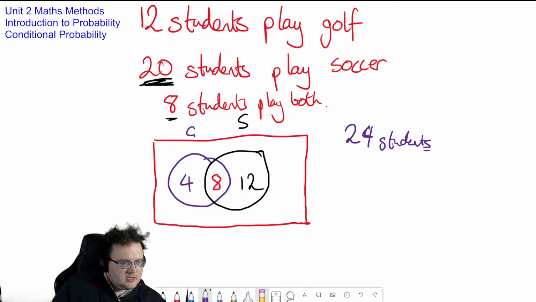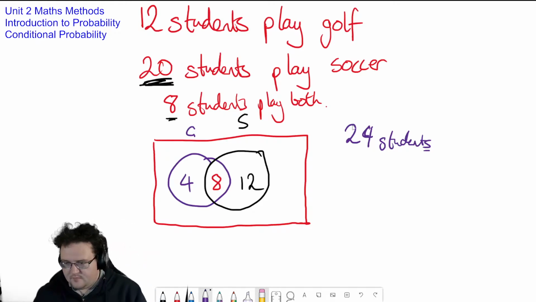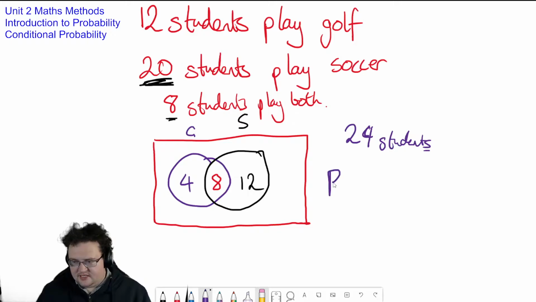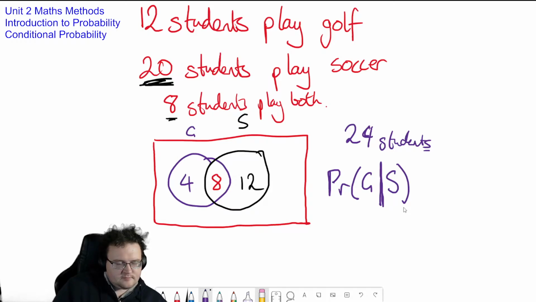What is the probability of picking a kid who plays golf, given that I know he plays soccer? And that's represented like this: the probability of G, vertical bar, S. The probability that a kid plays golf, given that he plays soccer.